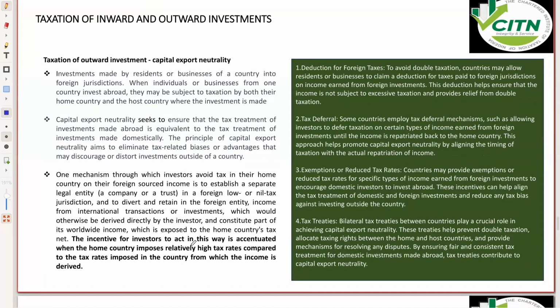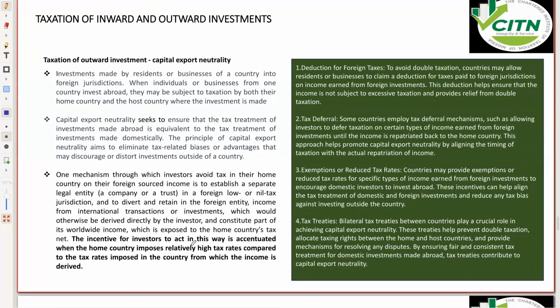That is basically investment made by residents or businesses of a country into a foreign jurisdiction. The principle of capital export neutrality seeks to ensure that the tax treatment of investment made abroad is equivalent to the tax treatment of investments made locally.